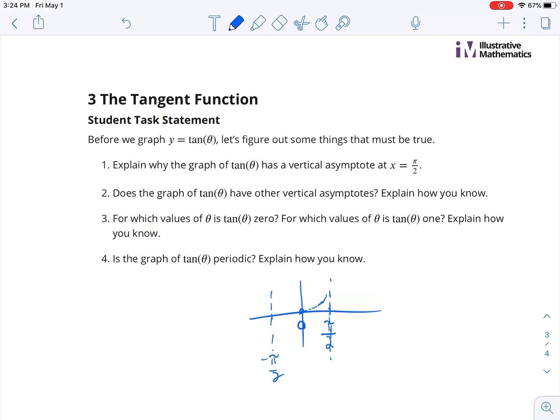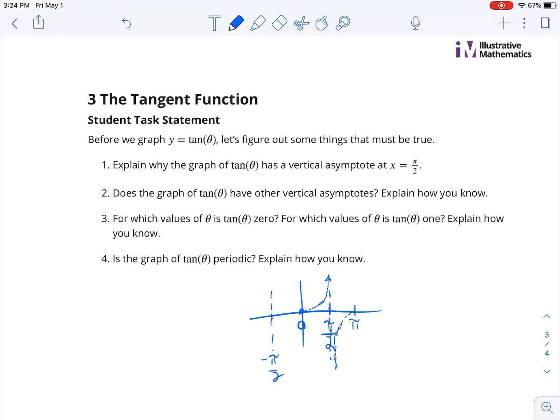As a result of being undefined there, once you plug in numbers that are very, very close to pi over 2, you are going to get a number that is very, very big from the left-hand side. And when you go over to the right-hand side, you're going to have a negative value that's doing something very similar. Okay, so that's one of the reasons why it does have a vertical asymptote.